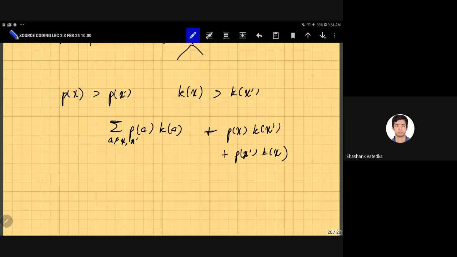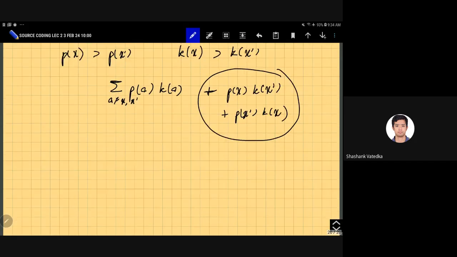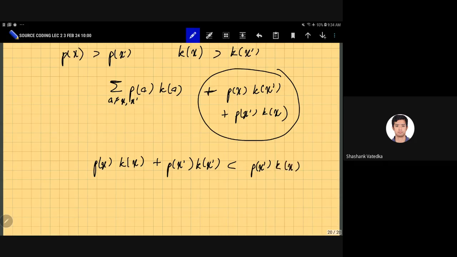And obviously p of x k of x plus p of x prime k of x prime is strictly greater than p of x prime k of x plus p of x k of x prime.